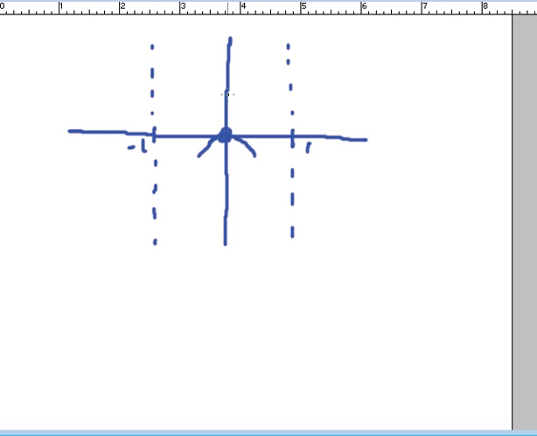We also had the end behavior. We said that we had a horizontal asymptote at 1. So this function is going to level off at y equal to 1 on the right and left. Now, what happens around the asymptote over here?